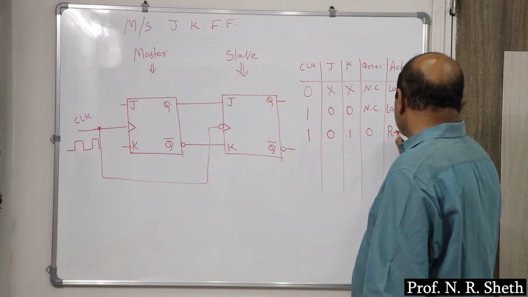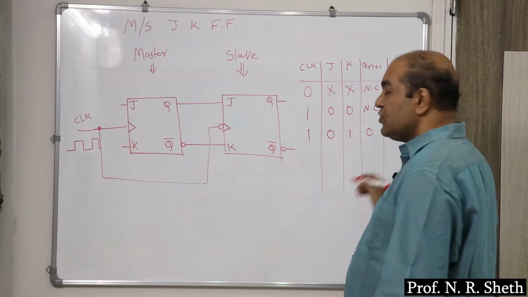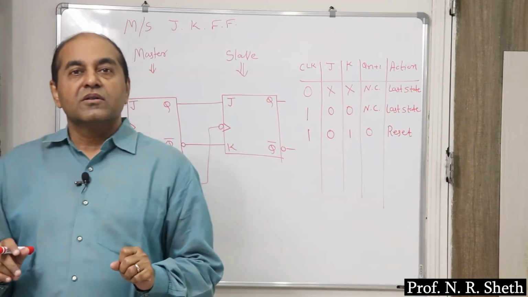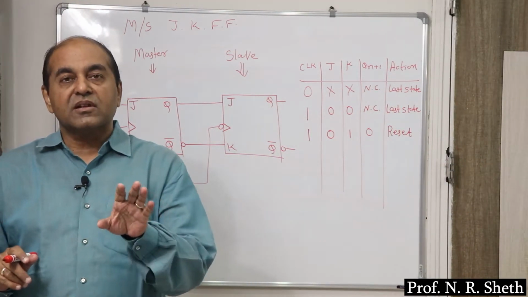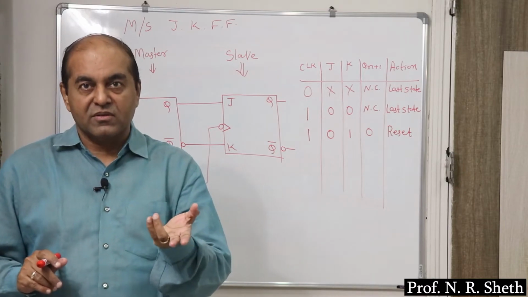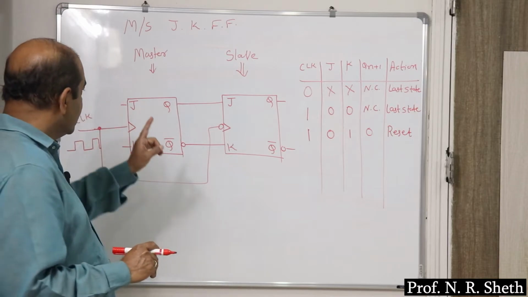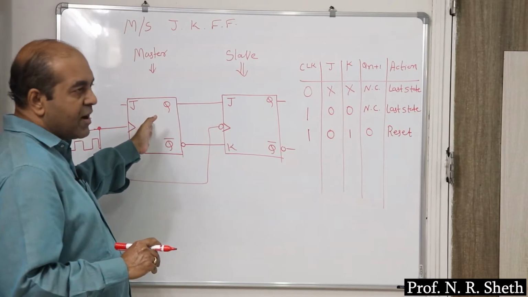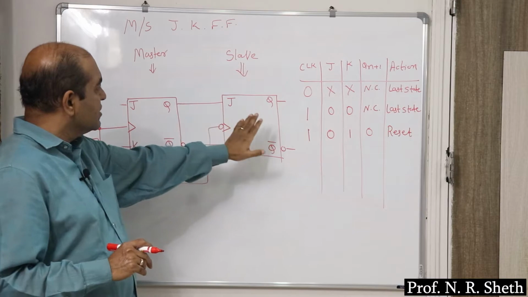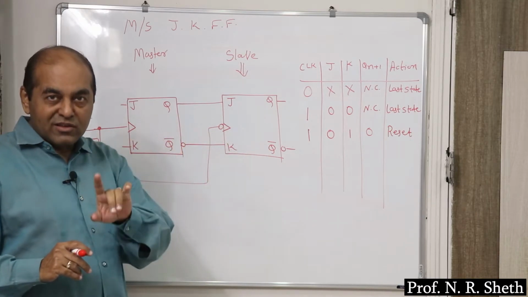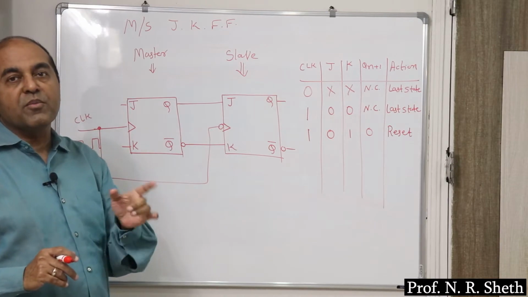So that means you have dual action in one cycle. So there are no chances that circuit toggles 2 times, because already in one pulse, in the initial part master works, in the second part slave works. So in this way we have eliminated the problem of racing.